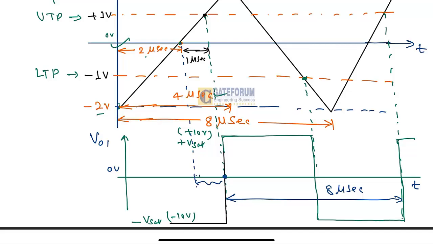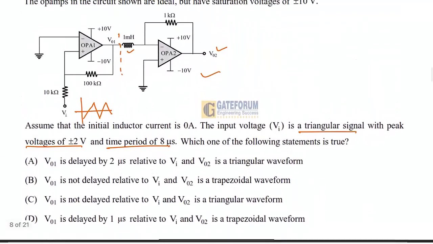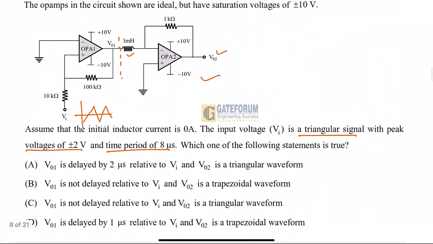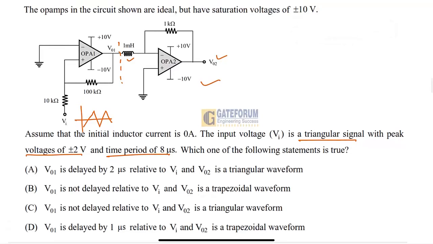So if you see that delay is compulsory for this circuit, it means options B and C cannot be the right answer here. Now we have to check option A and D. This option B cannot be correct because it is showing no delay, but as per the analysis, the output of this first op-amp is delayed with respect to the input.